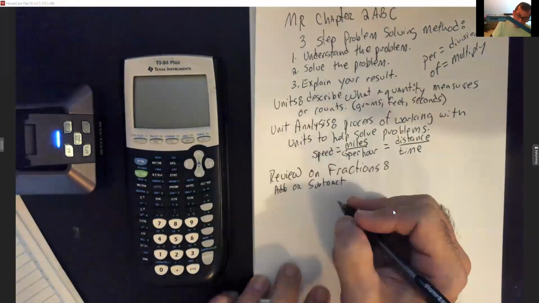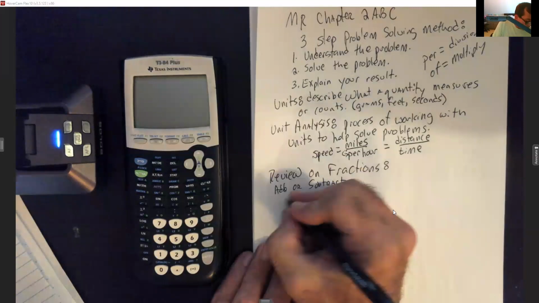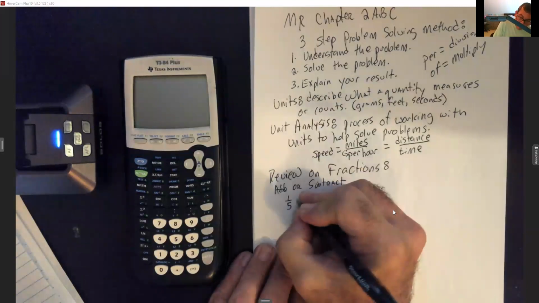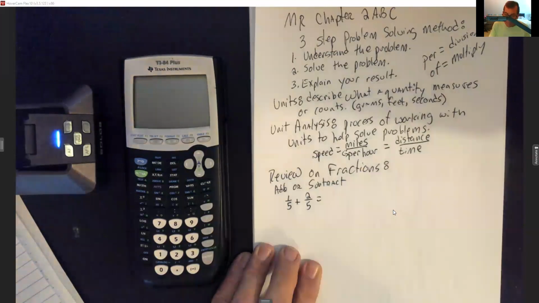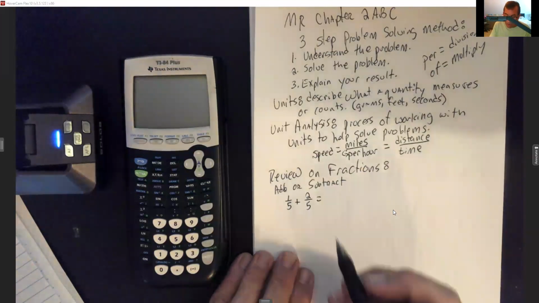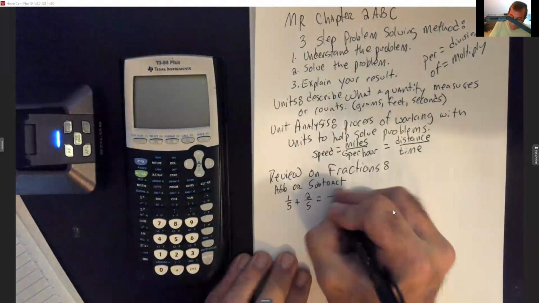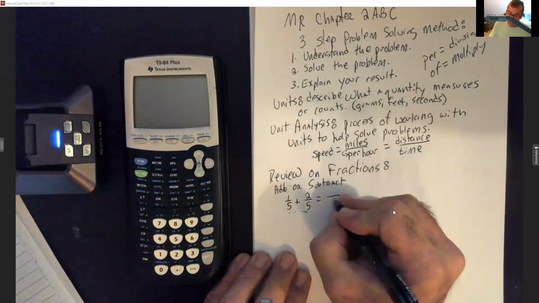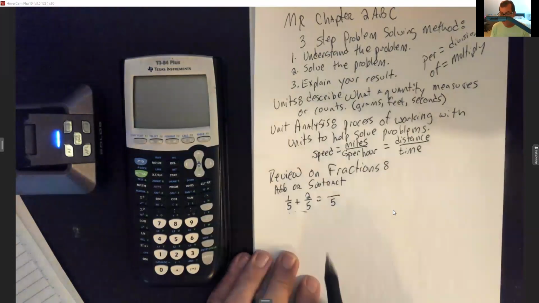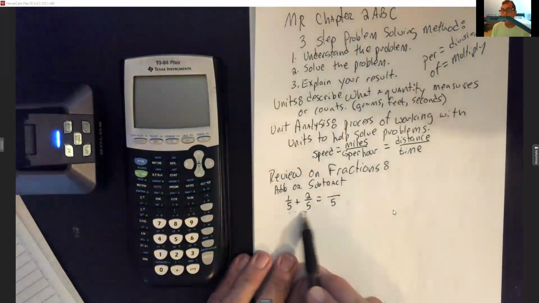So adding and subtracting, if I had 1/5 plus 2/5, fifths. So the main thing adding fractions is they got to have a common denominator. So these ones already have a common denominator of 5. So that means your answer has to have the same bottom as the common denominator was.